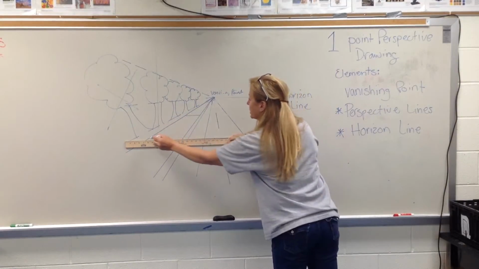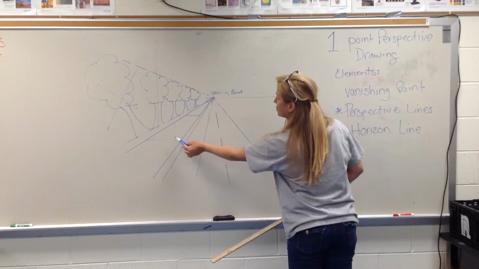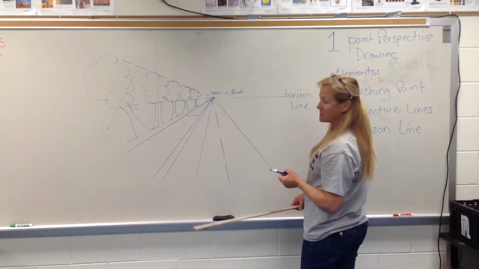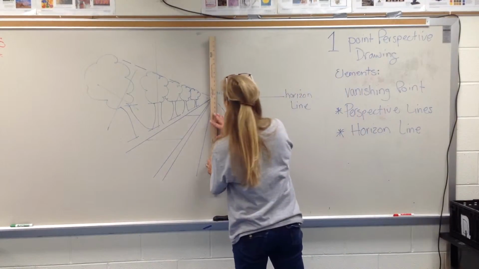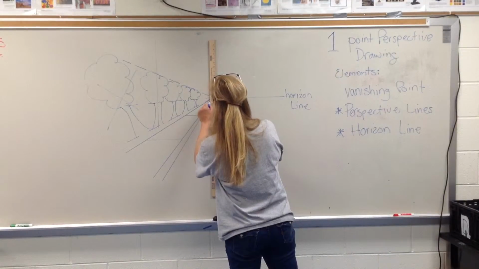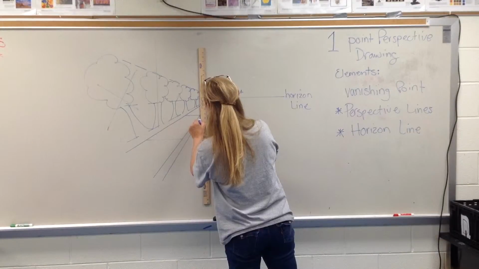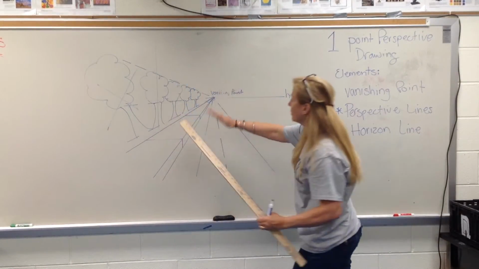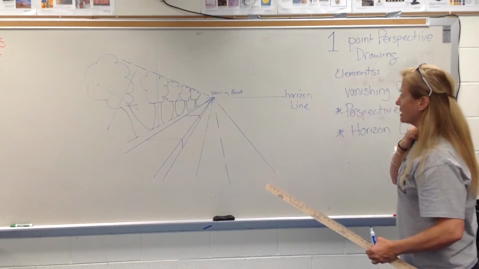So our sidewalk is going to get larger as it gets closer to us. Those are parallel lines, and they're parallel to our horizon line. Then to show each section here in the sidewalk, we're going to drop little perpendicular lines. Like that. So either perpendicular or parallel to your horizon line.